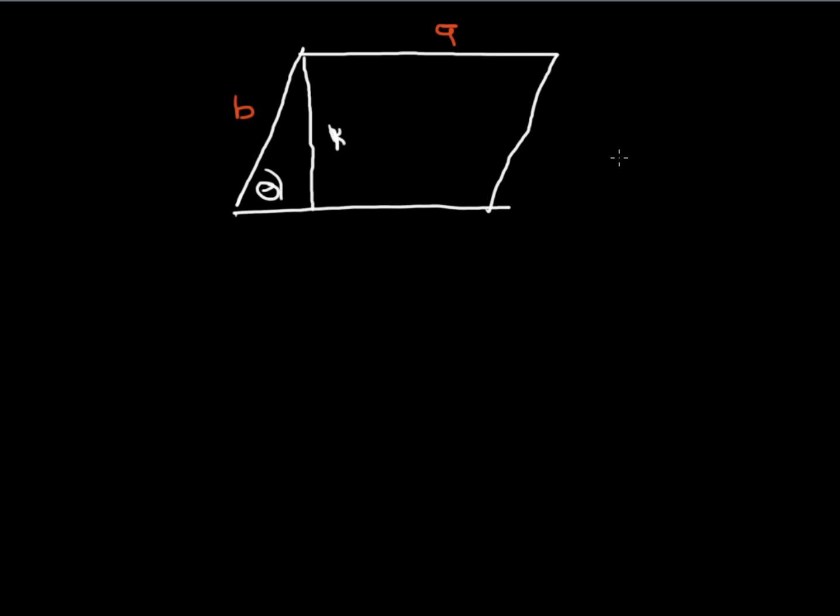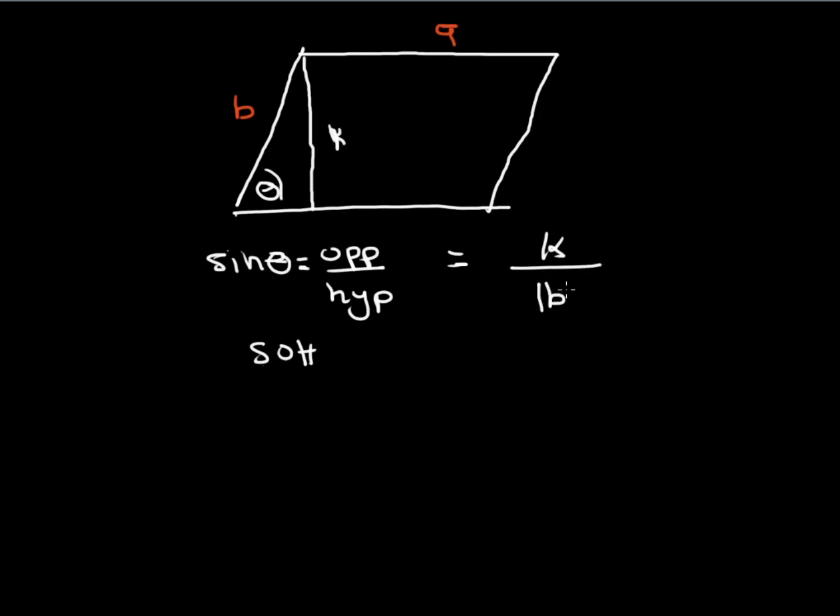Now we all know that sine theta is equal to the opposite over the hypotenuse. So this is equal to the opposite side, which is K, over the hypotenuse, which is the magnitude of B. Now B is the vector, and the magnitude of B represents the length of the vector.